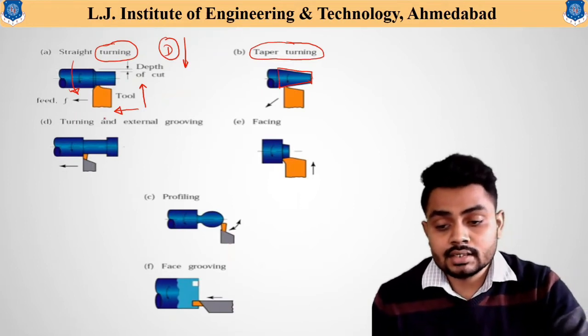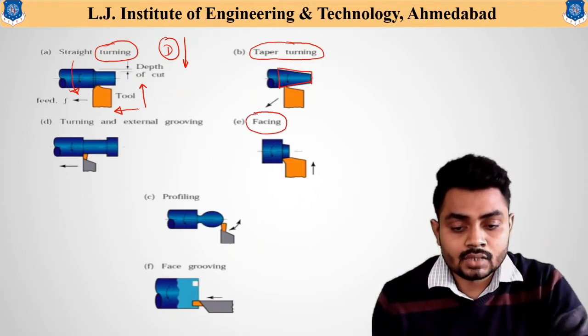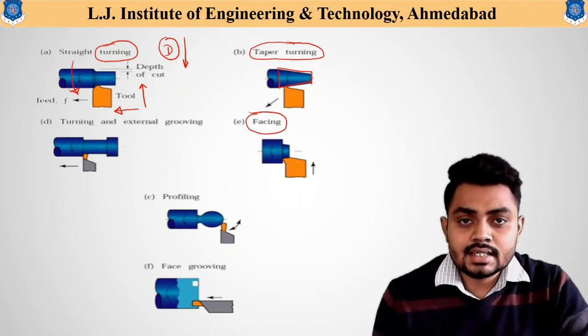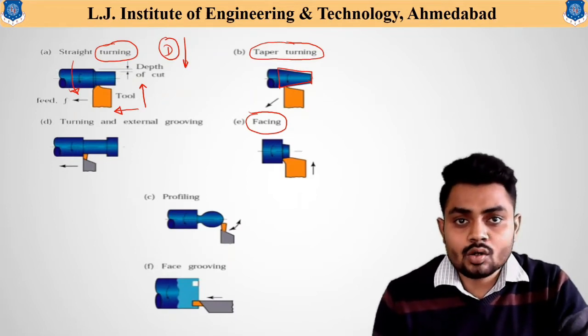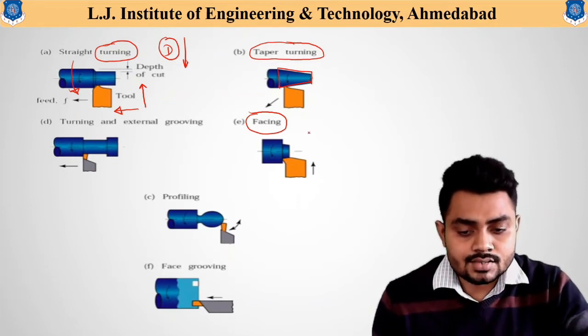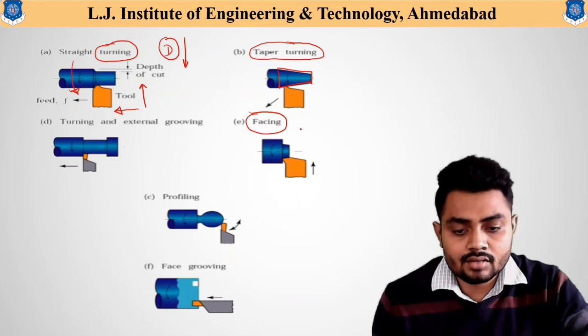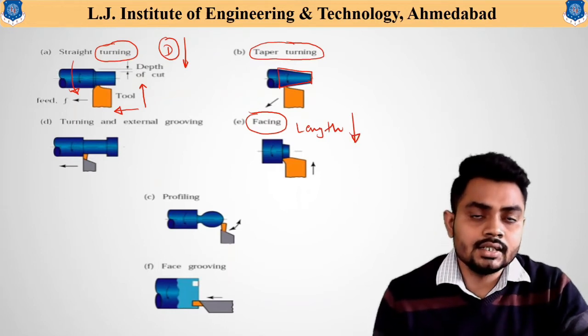Now the third one, that is the facing operation. Now this facing is nothing but the turning operation, but this facing operation is required when the length of the workpiece is to be reduced. That means this facing operation is required when the length of the component needs to be reduced.